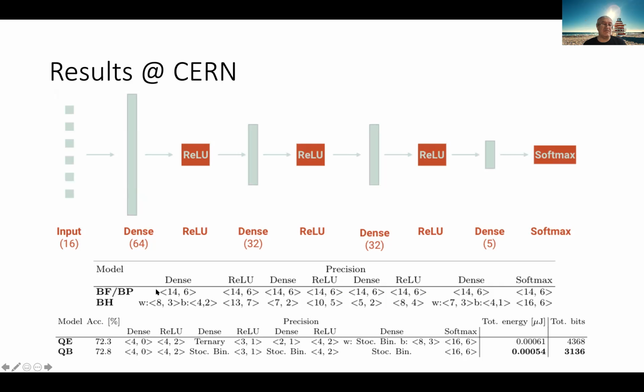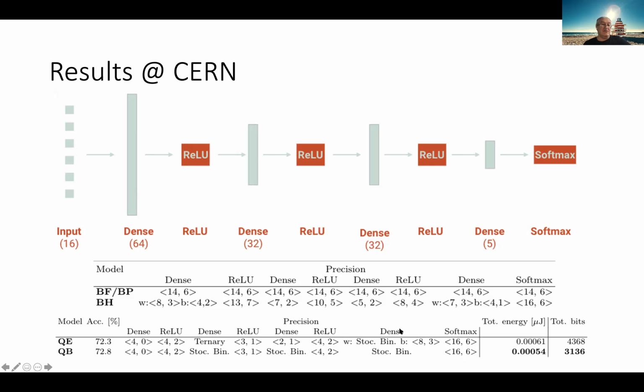Initially they had the baseline model. They had 14 bits with 6 bits to the left of the decimal point, and they implemented this model. They used a Keras model with a hybrid quantization, and both of them used DSP resources in the FPGA.